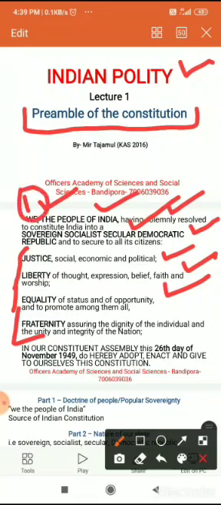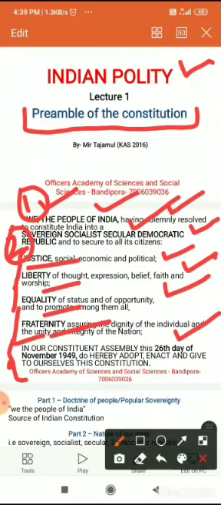Second is to constitute India into a sovereign, socialist, secular, democratic republic, and the third is justice, liberty, equality, and fraternity. And the last part is the Constituent Assembly this 26th day of November 1949 do hereby adopt, enact, and give to ourselves this Constitution. So now we'll be talking about all these components one by one.